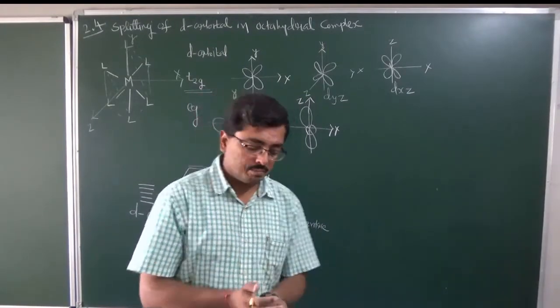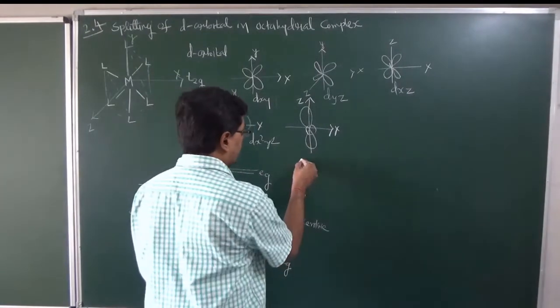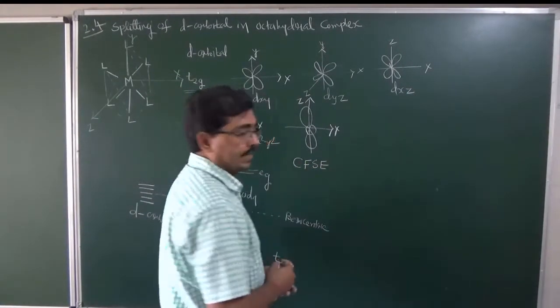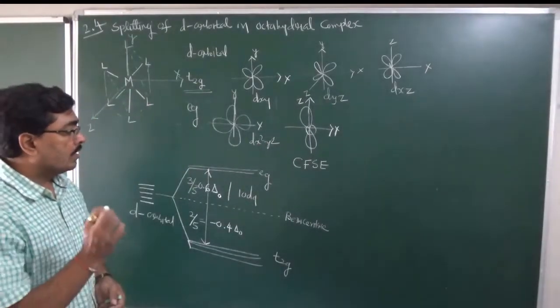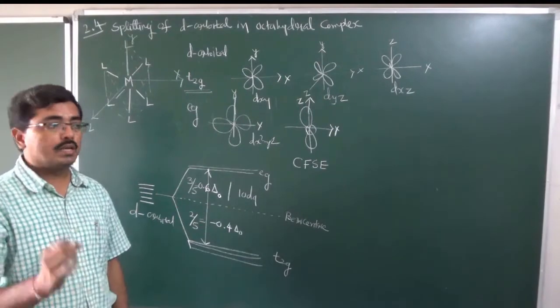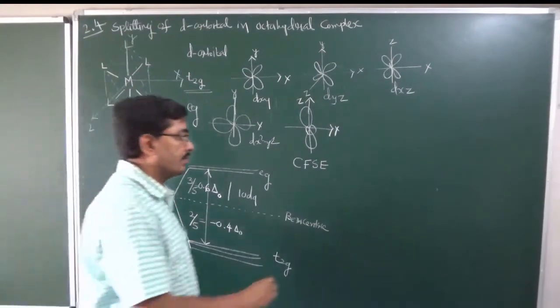Whatever change occurs in the energy of the complex compound is known as CFSE, the crystal field stabilization energy. For any complex compound, it can be calculated by using this equation.